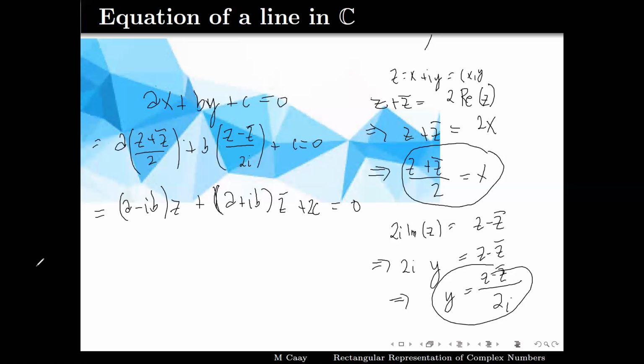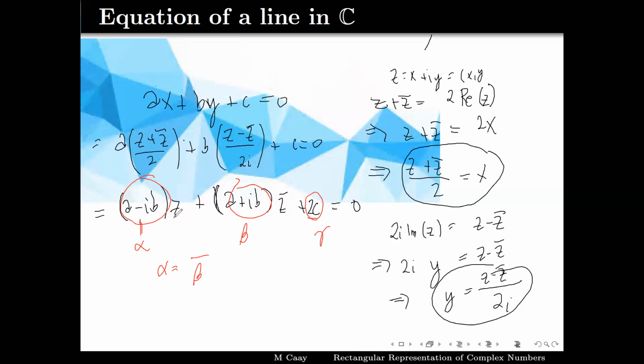If I assume that this is an alpha, this is a beta, and 2c here is a gamma, then basically alpha is the same as the conjugate of beta.